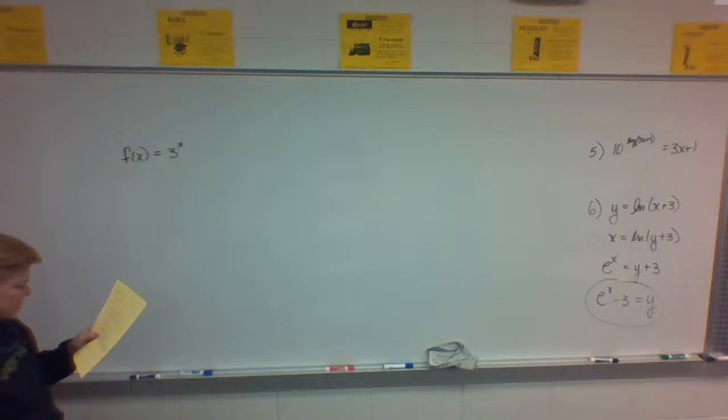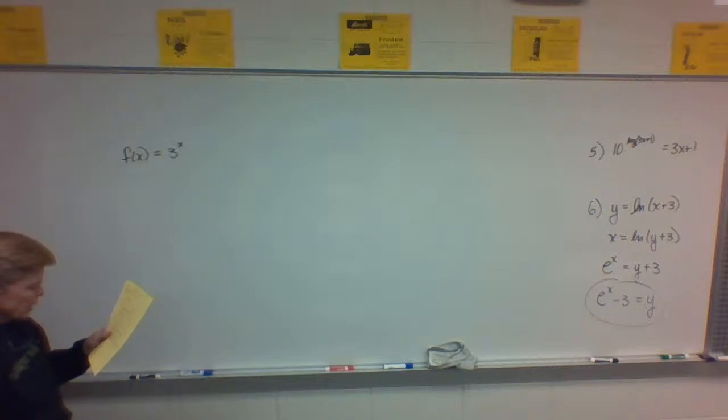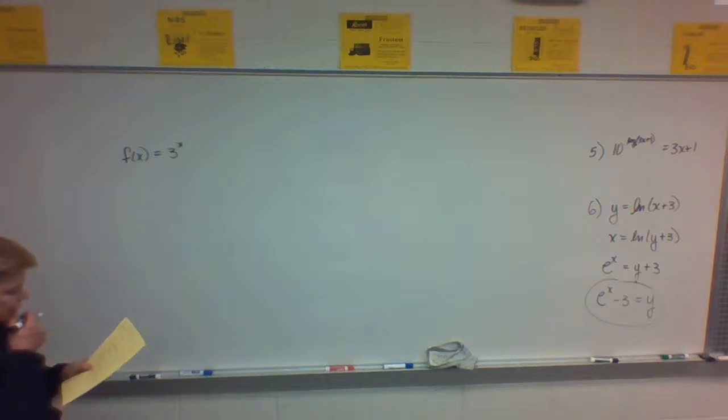It says, write it so that it has a reflection in the, let's say, y-axis, followed by a translation 5 units left.